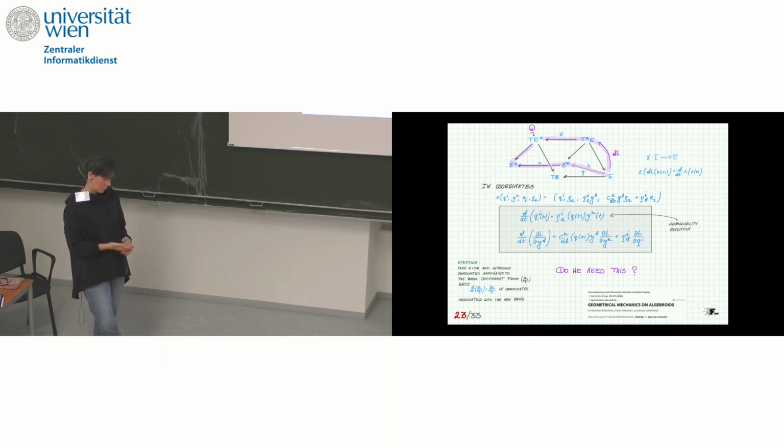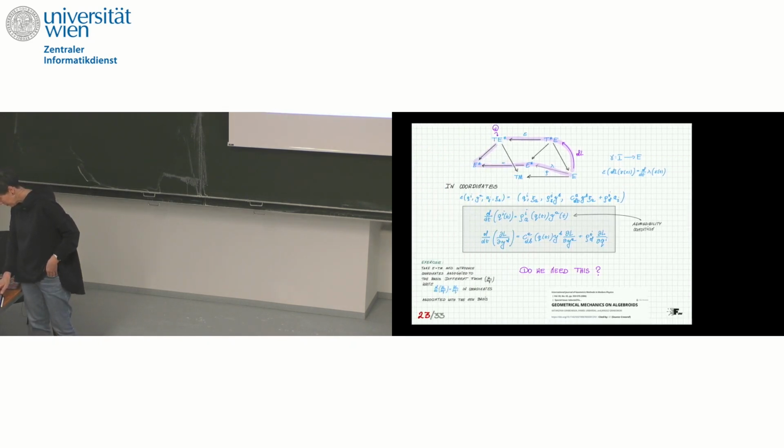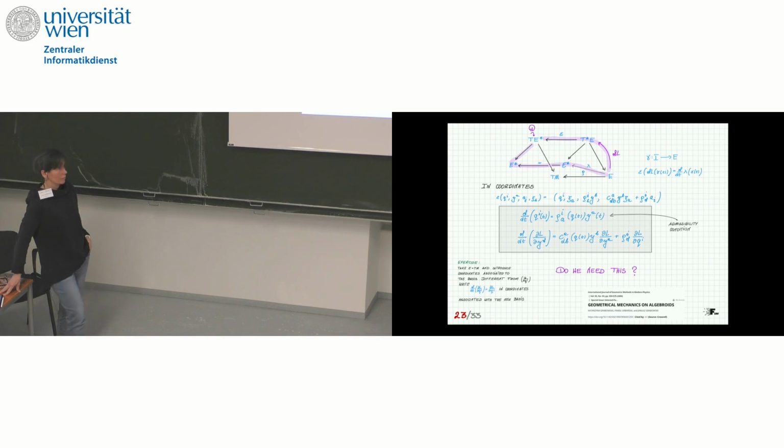But also, because Lie algebroids, together with Lie groupoids, form a kind of Lie theory, you can do this also for mechanics on groupoids. If you have some symmetries, you can reduce. If you want to do it in every specific case, you should do all these calculations in every case.